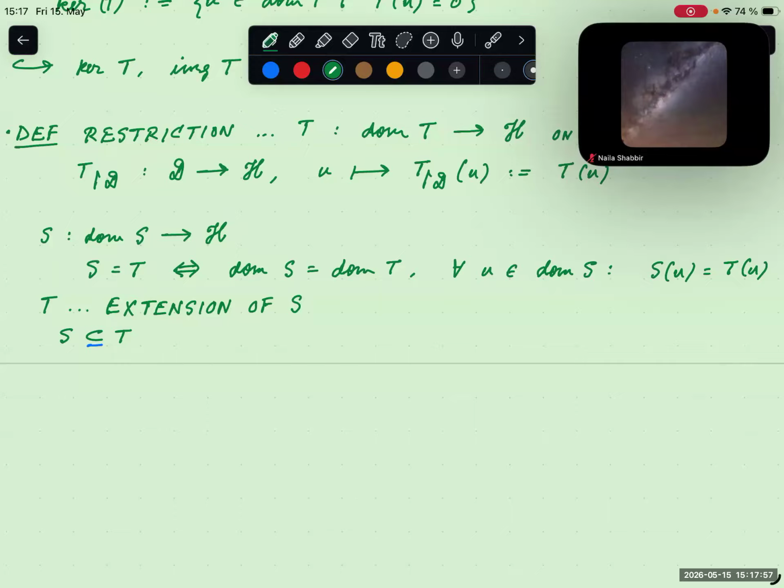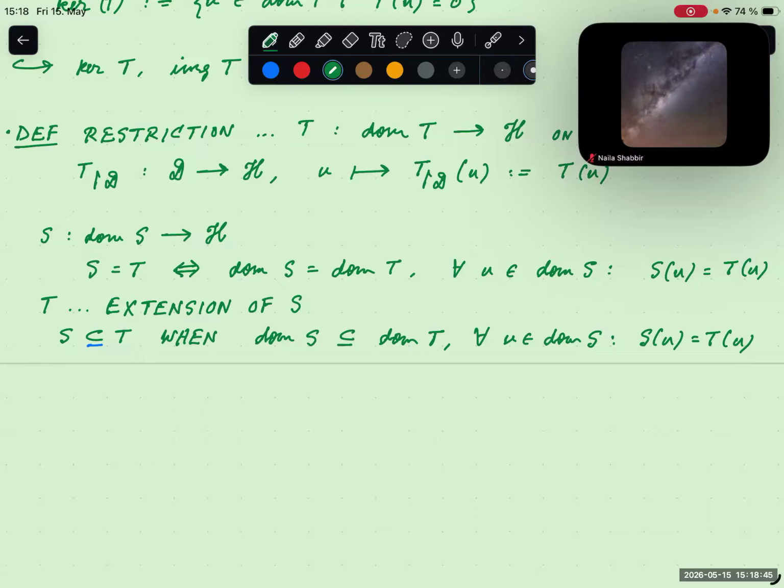By extension, we mean that the domain of S is contained in the domain of T, and for all U in the domain of S, S of U equals T of U. Okay, so that's the notion of extension.